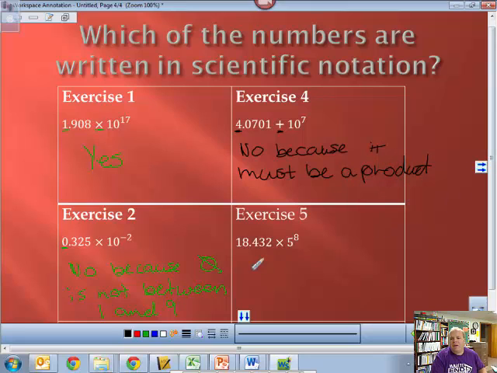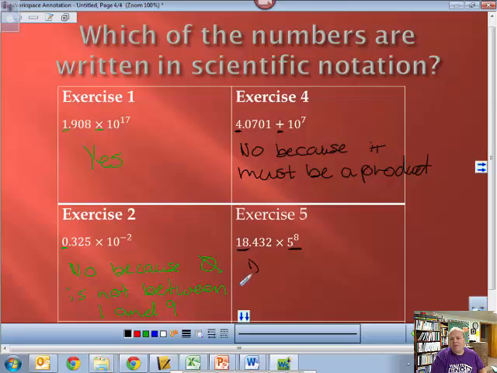Okay? Let's look at this one. Well, there's a couple things wrong with this one. Number 1, my leading digit here, is it between 1 and 9? No. So that's an automatic red flag that I would send up. And number 2, I have it written to a power of 5. It must be to a power of 10. So there's actually 2 things wrong here.